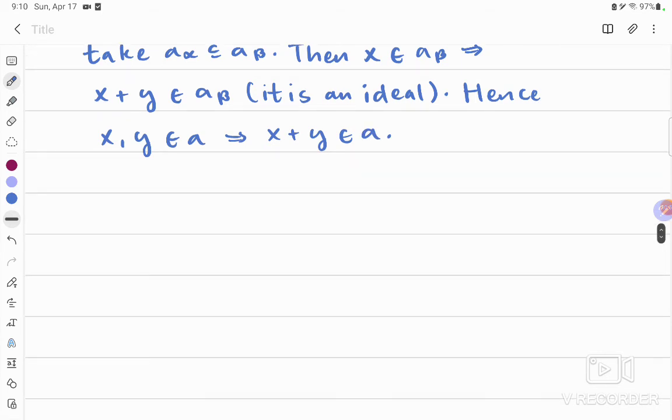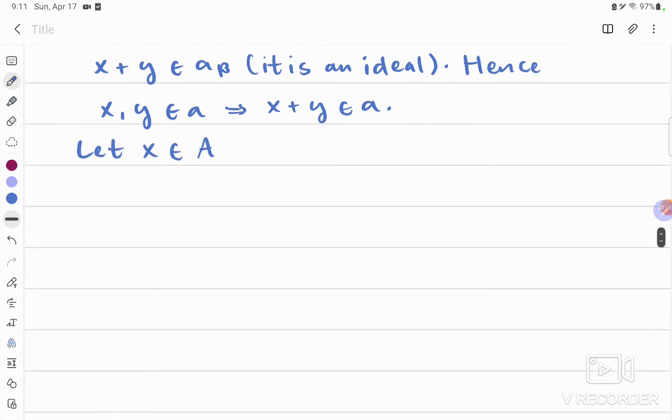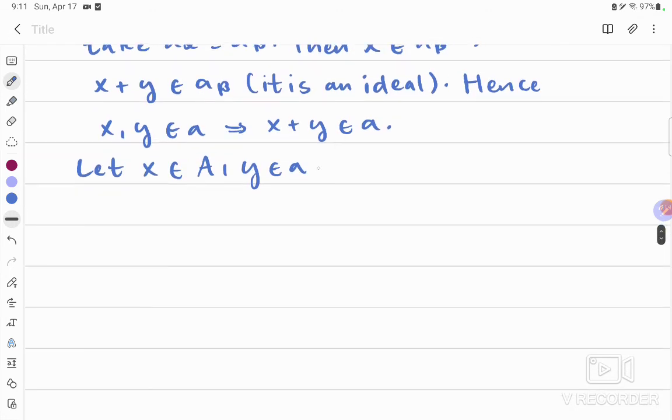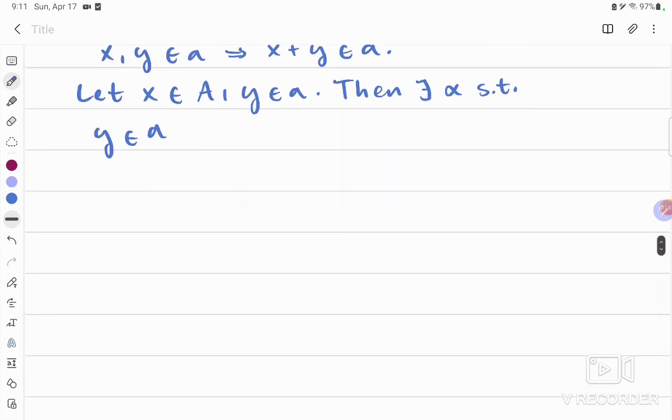Now we want to show the scalar product, so let x be in our ring, and let y be in our ideal, A. So y, being in this union, there exists alpha such that y is in at least one of these ideals, so y is in a sub alpha.